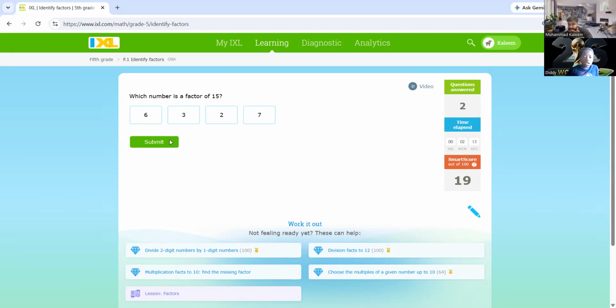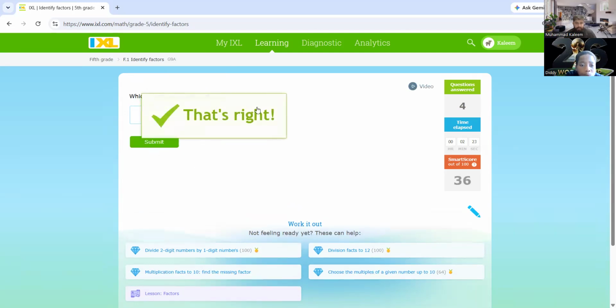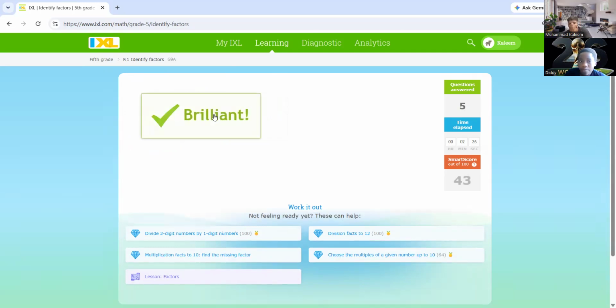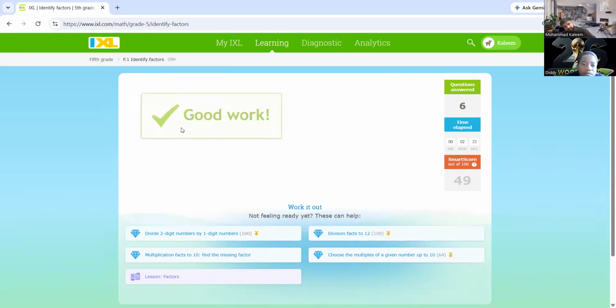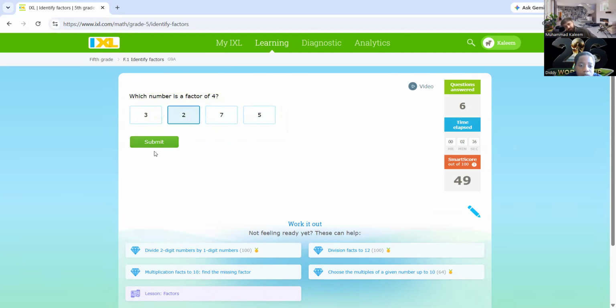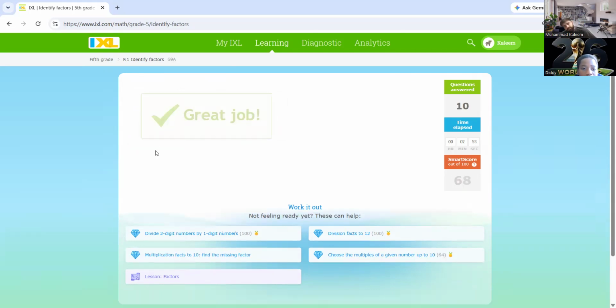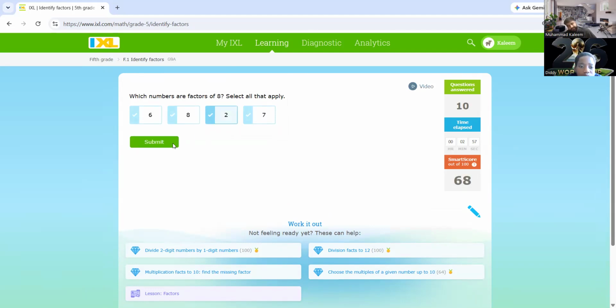So 6 is not a factor. 3 is a factor. Yeah, that's true. Obviously 2. Great.